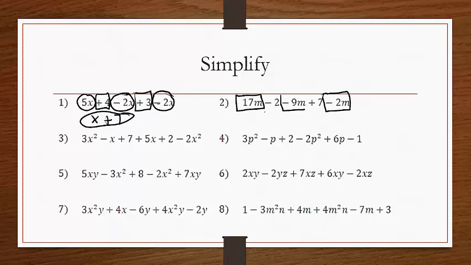And 8 minus 2 makes 6 groups of m's. Negative 2 and 7 are just regular whole numbers. And negative 2 plus 7 is positive 5.